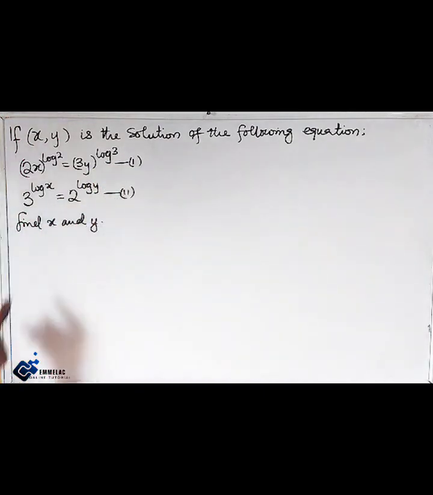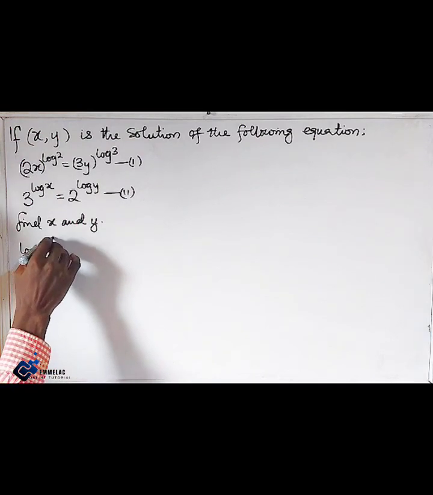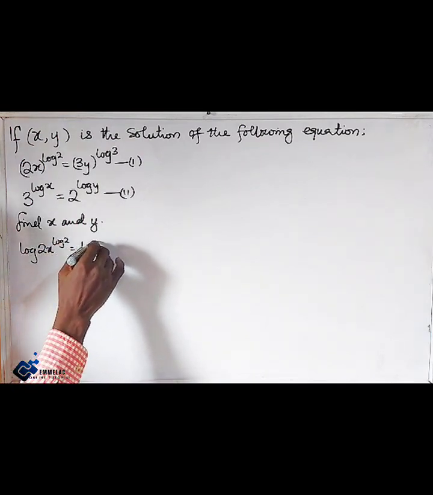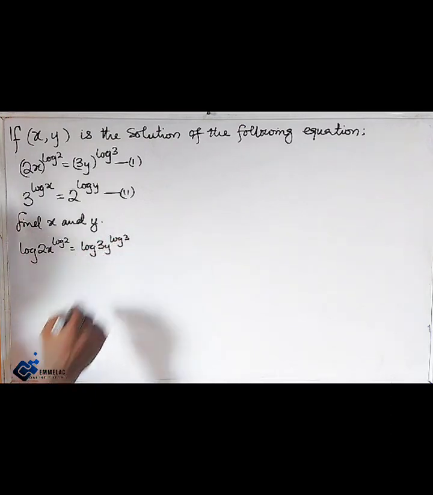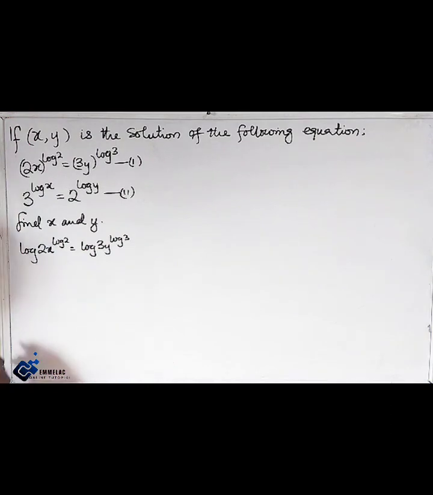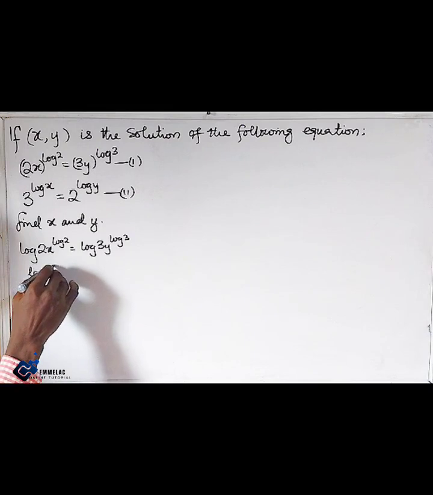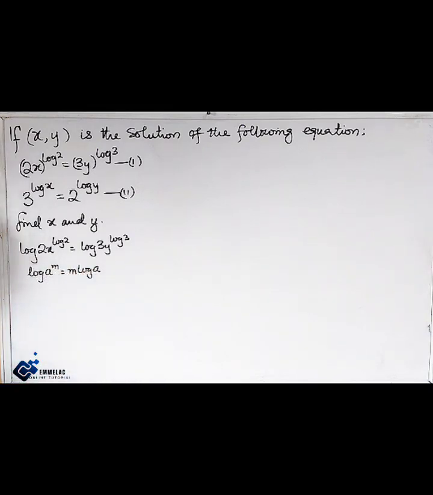Now to this end, let us apply log to both sides. So here you have log of 2x raised to the power of log 2 equals log of 3y raised to the power of log 3. Okay, and let us recall that according to the law of logarithm, when we have log a raised to the power of m, it equals m log a.